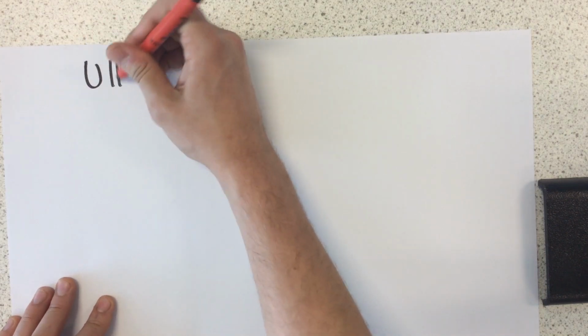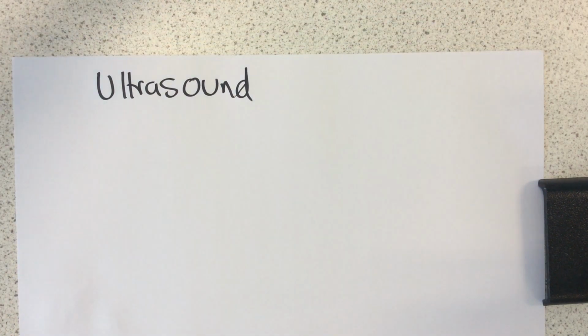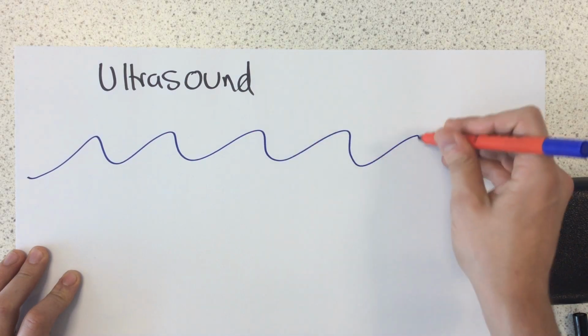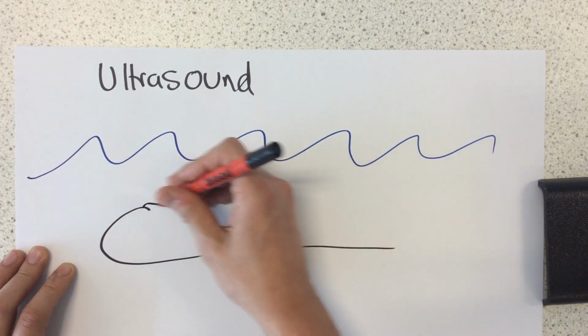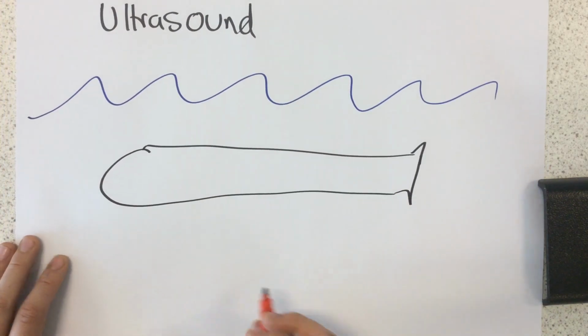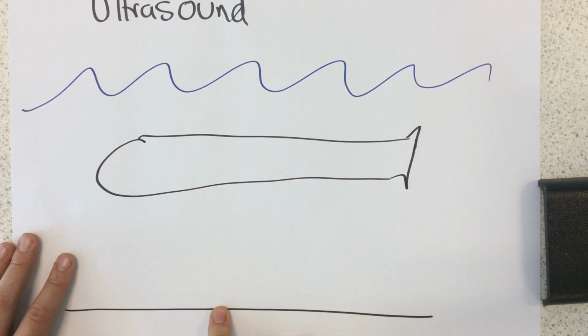So we're going to quickly now have a look at how ultrasound can be used in submarines as sonar. What we have right here is, you'll see my beautiful drawings. Underneath the sea, we could have a submarine. Now, this submarine can use sonar to try and detect how far away different objects are.